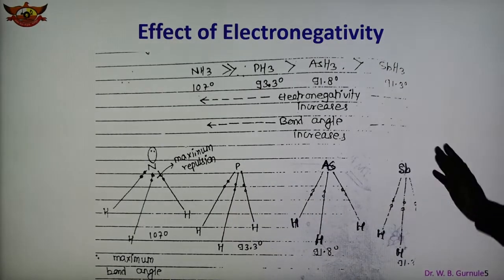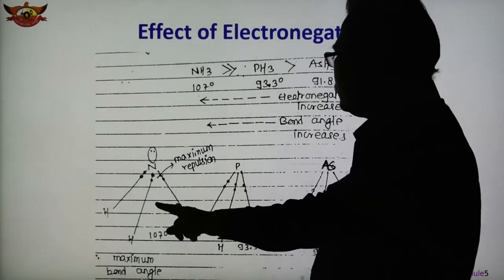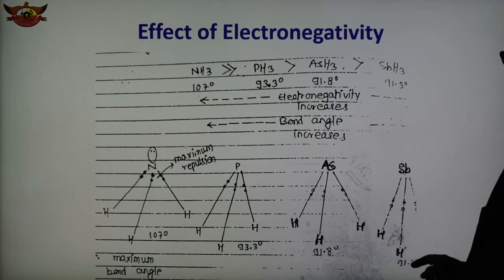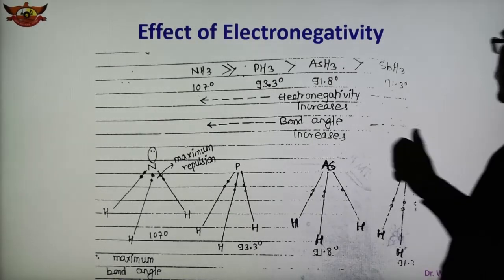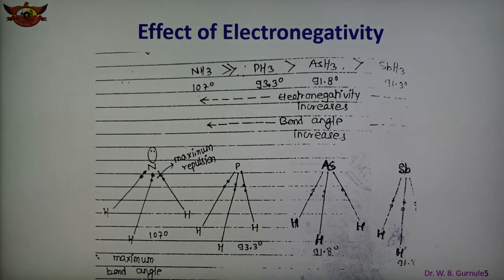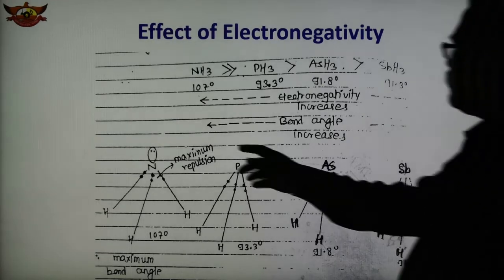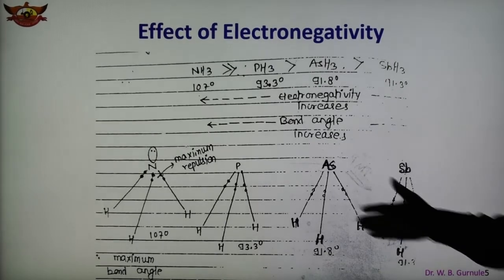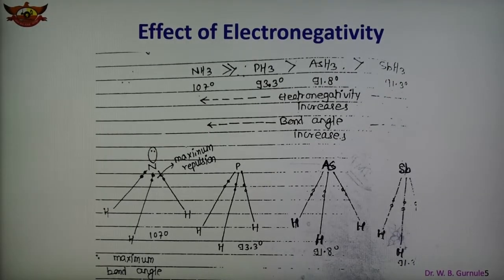So all these molecules have similar geometry, but the maximum bond angle is found in NH3 and the minimum bond angle is found in SbH3, 91.3, and this depends upon the electronegativity, as we have seen in the two important points. In NH3, there is maximum repulsion, and therefore the bond angle is maximum, as compared to the last molecule, SbH3.